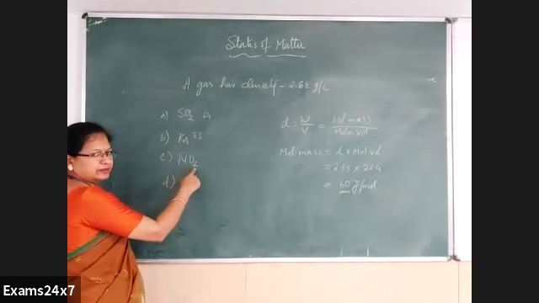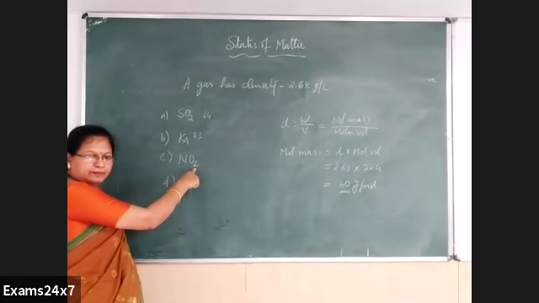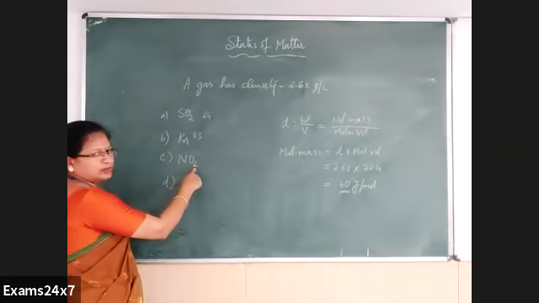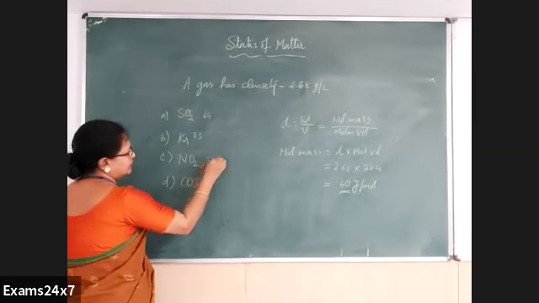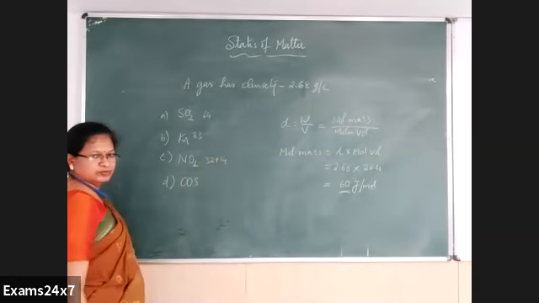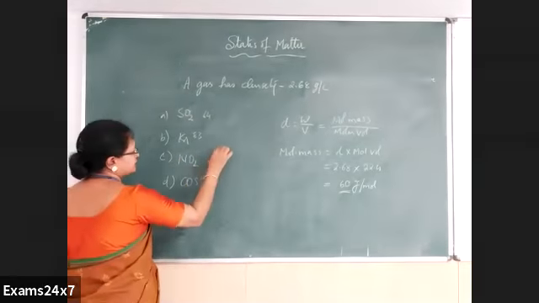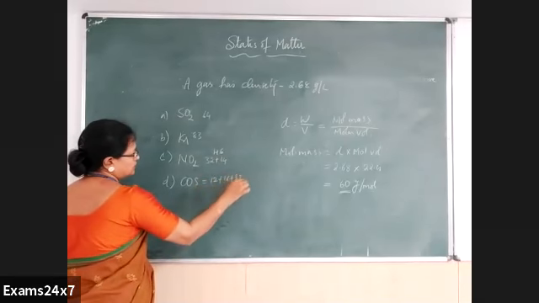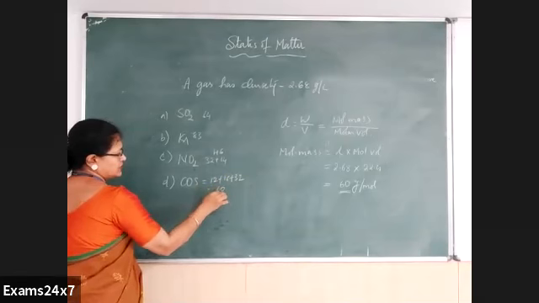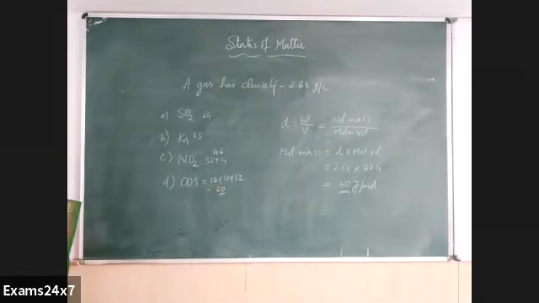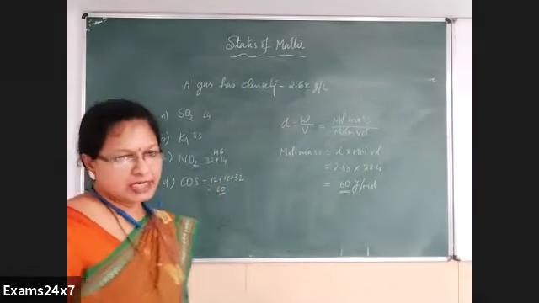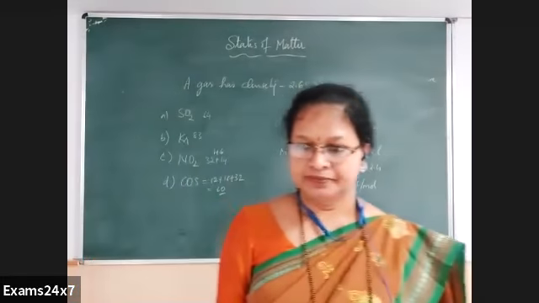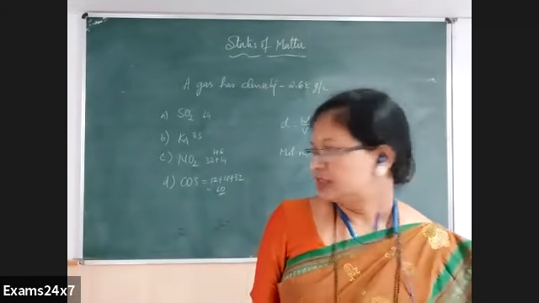Nitrogen dioxide: 32 plus 14, 46. Here, 12 plus 16 plus 32 gives 60, right? Therefore, the answer is COS, carbonyl sulfide. Option D.